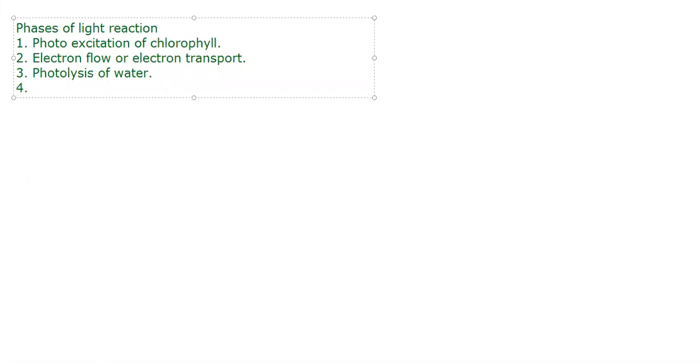Then ATP synthesis, or chemiosmosis. These are the 4 phases of the light reaction.